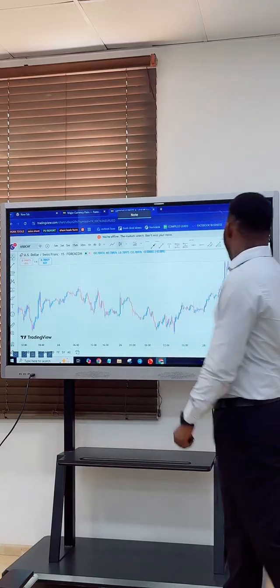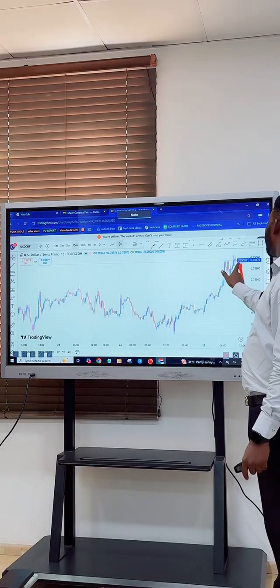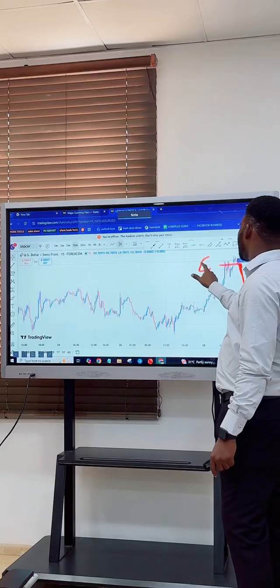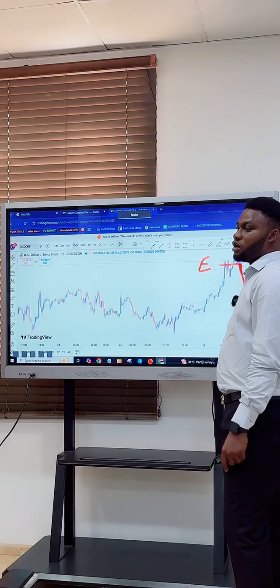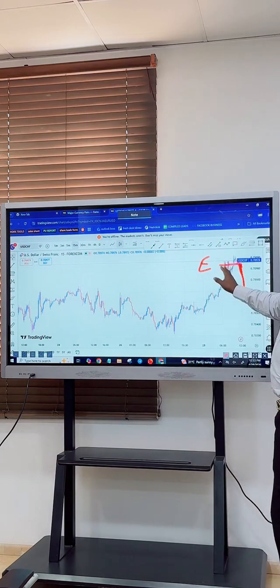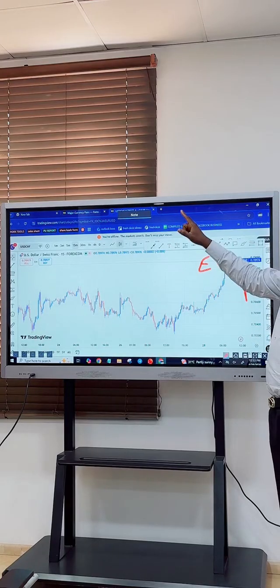But once you trigger a sell, let's say this is where the market is. If I enter here, this is my entry. If I execute a sell option here, this is my entry. Now you see that the price is going down, but as this is selling, I'm actually buying as well.